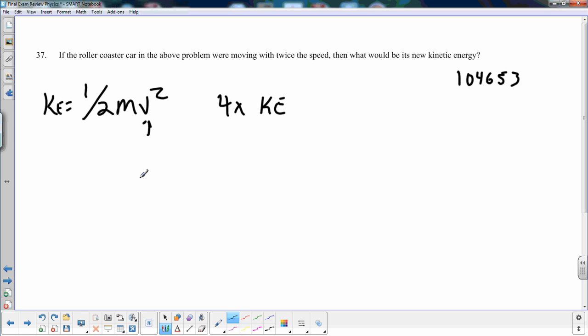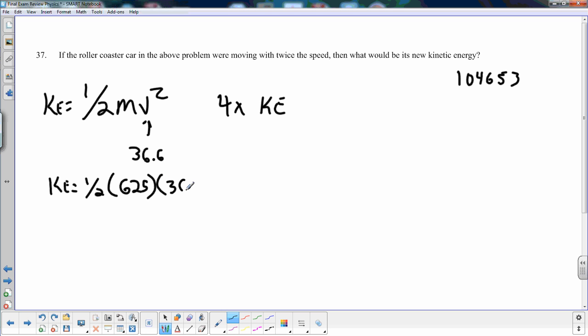That's going to give us 418,612.5 joules, which is 4 times as big as what it was before. So we're doubling a squared function, which makes it 4 times bigger. Conceptually and mathematically, you should know that for the final.